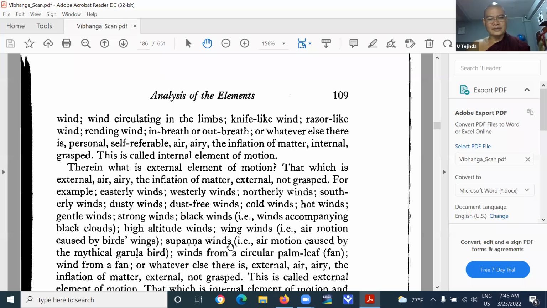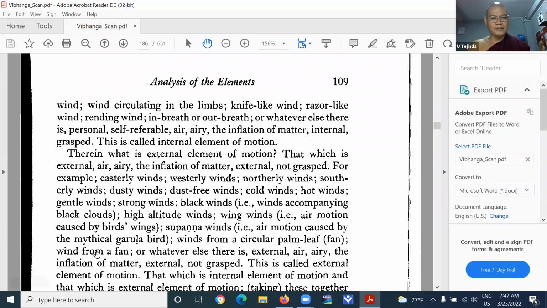Supanna wind. Supanna is a kind of bird, a legendary bird. Air motion caused by the mythical Garuda bird, but we have never seen this one. Winds from the circular palm leaf, tala vata.